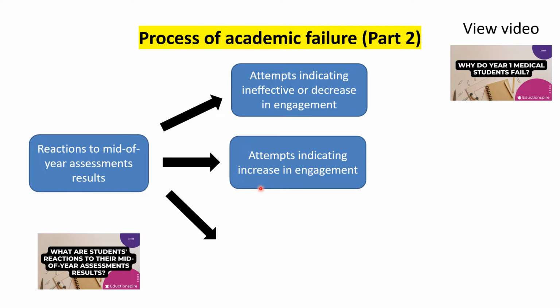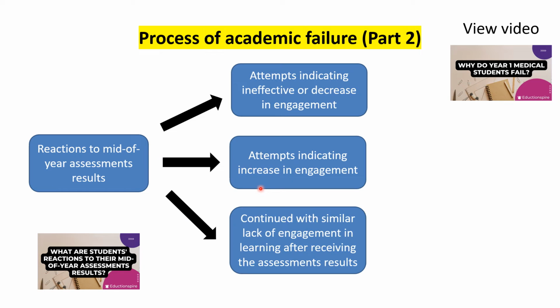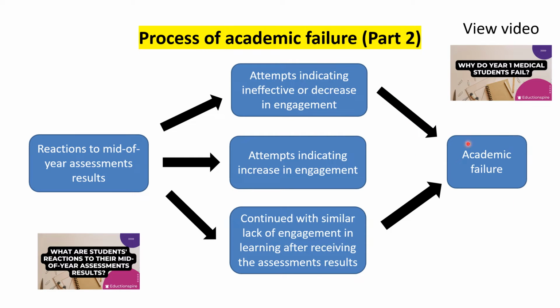And the third attempt is where students continued with similar lack of engagement in learning after receiving their assessment results. So for the first and the third attempt, it will lead to academic failure.